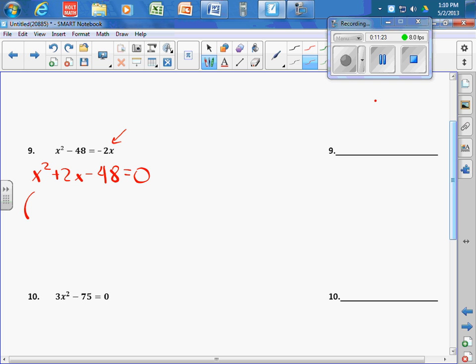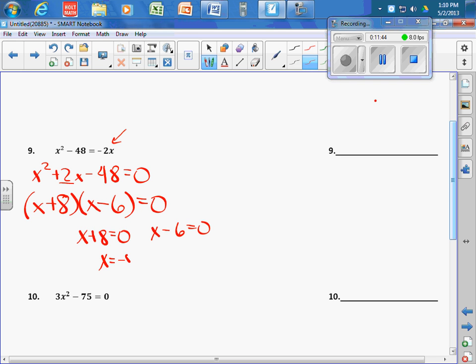Well, if I put in x times x, I need factors of negative 48, which means one has to be positive, the other one has to be negative. I need more positives. How about 8 and 6? So x plus 8 equals 0. X minus 6 equals 0. We get negative 8 here. We get positive 6 here. Negative 8 and 6.